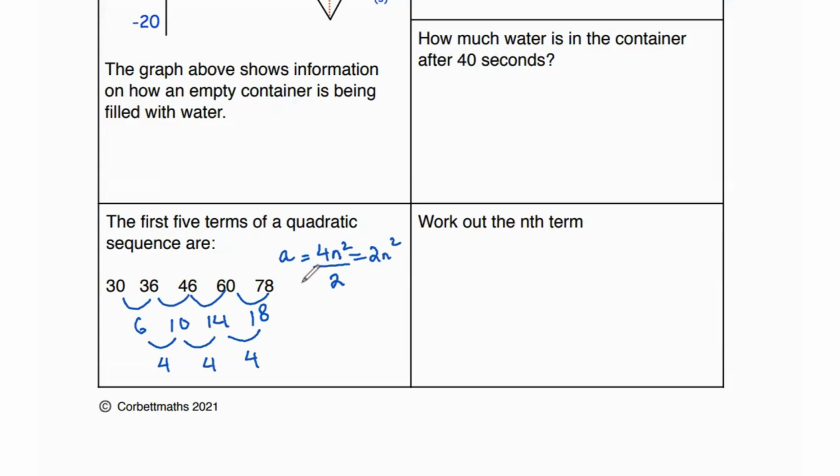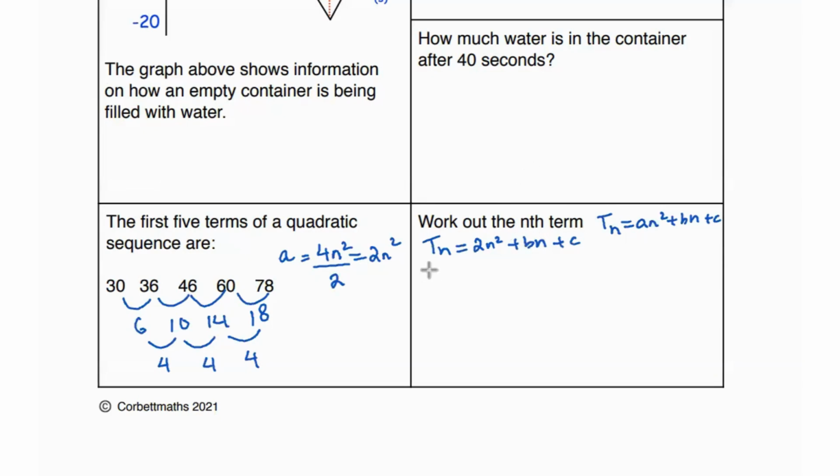Now what is A? The quadratic sequence has the basic format of nth term, which is an squared plus bn plus c, which is what any quadratic equation looks like. So right now we have figured out the value of A, which is 2. So 2n squared is this first thing. 2n squared plus bn plus c. Now we need to figure out the value of b and c.